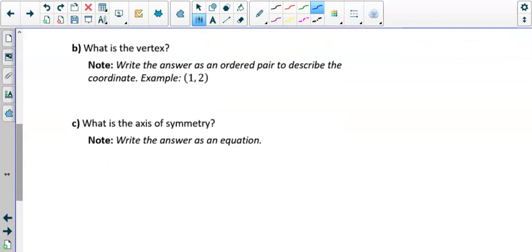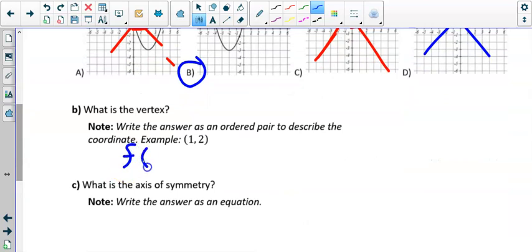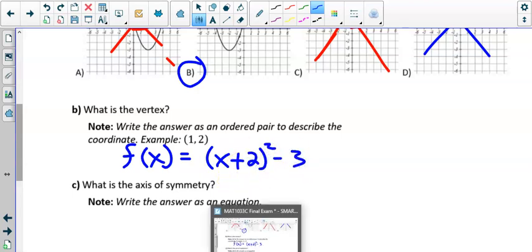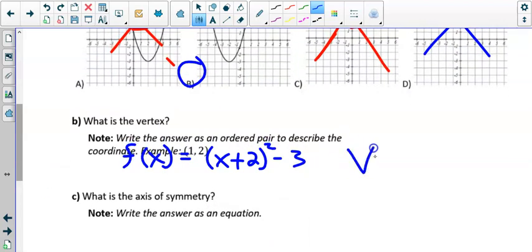So it wants to know what's the vertex. Cool. Our equation is in vertex form. Plus 2 squared minus 3. Remember, when you're in vertex form, this is the easiest to do. Because in vertex form, it is telling you the vertex. You just got to remember, for the H value, you're going to give me the opposite.